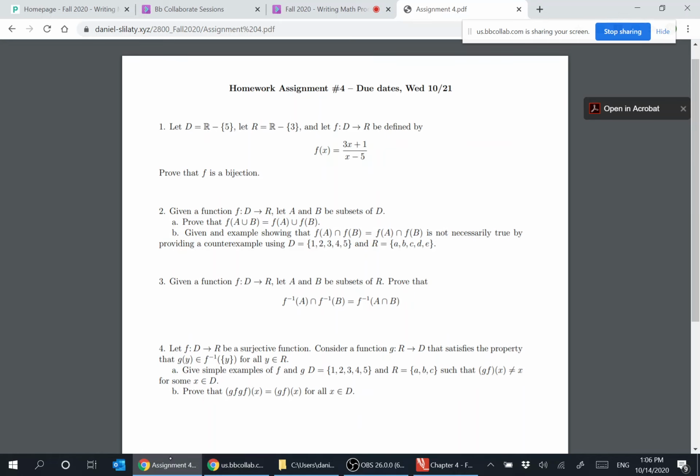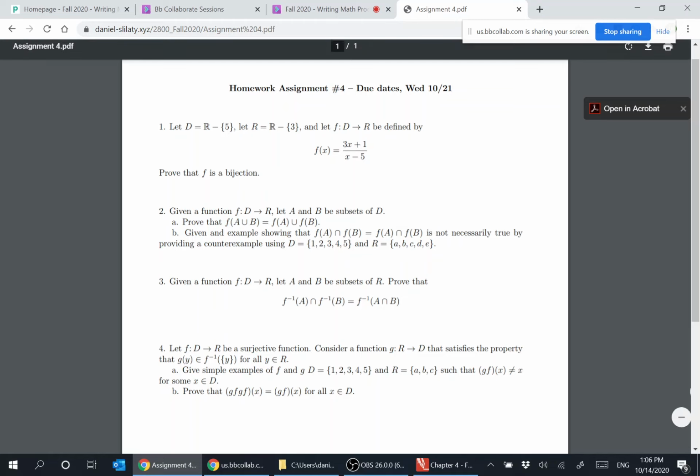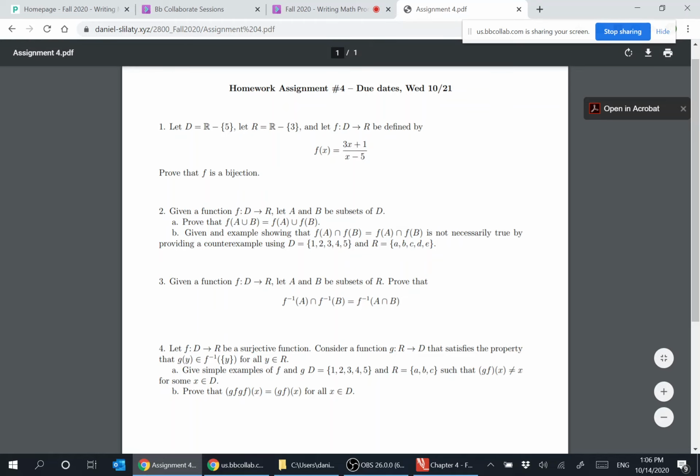So in assignment 4, number 1, this is due Wednesday next week, by the way, so a week from today, by 5 o'clock in the Dropbox as usual. So another one of these Mobius function things.